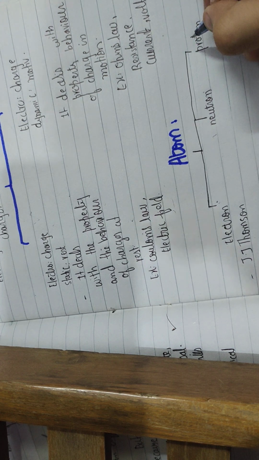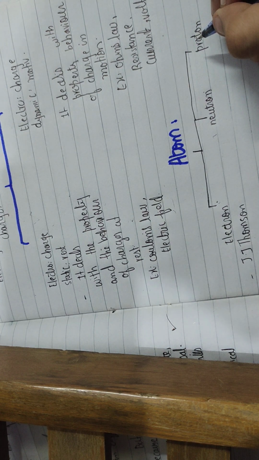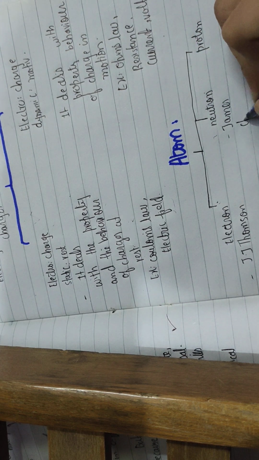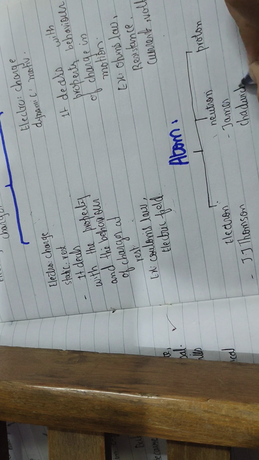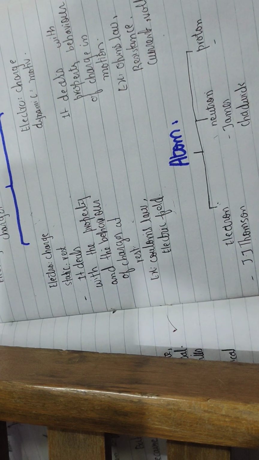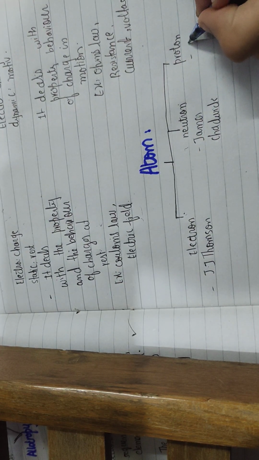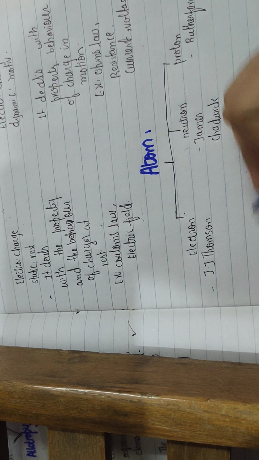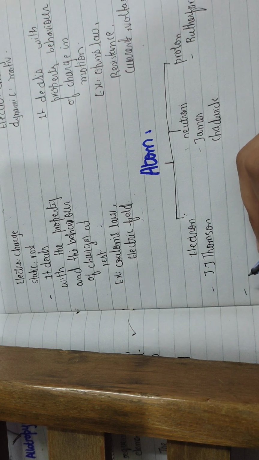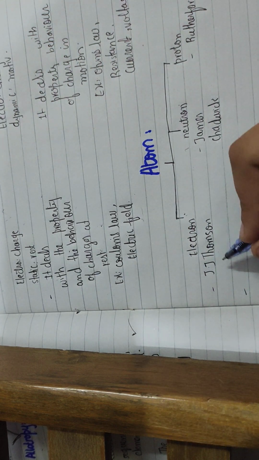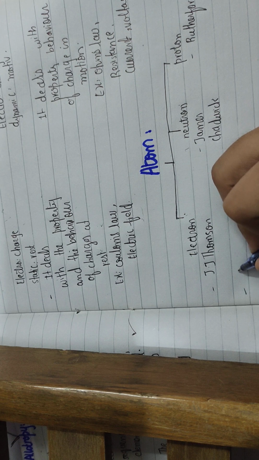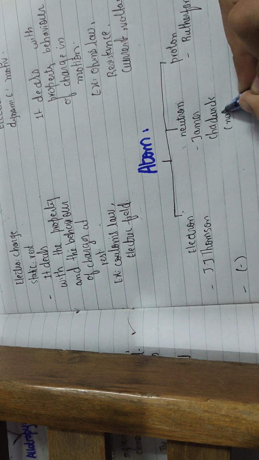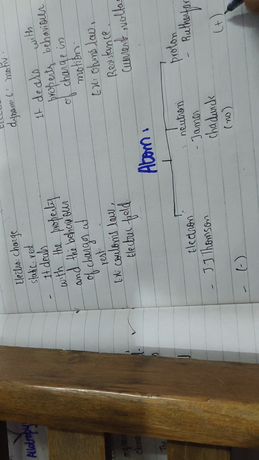The neutron was discovered by James Chadwick, and the proton was discovered by Rutherford. As for charge, the electron contains negative charge, the neutron contains no charge, and the proton contains positive charge.